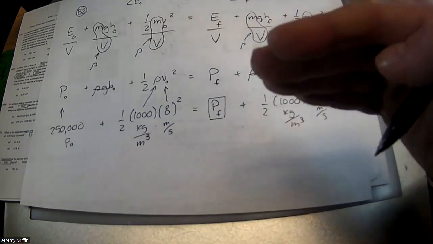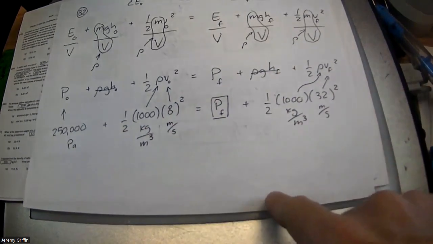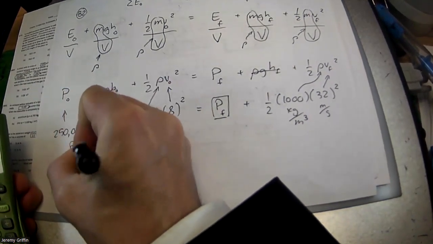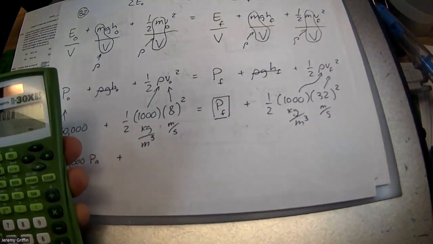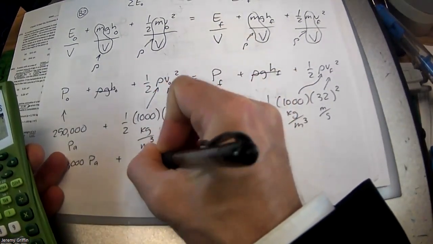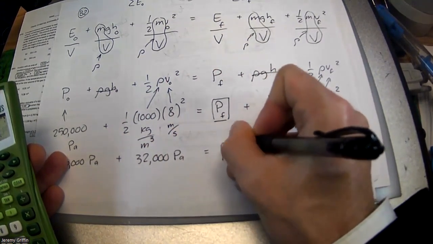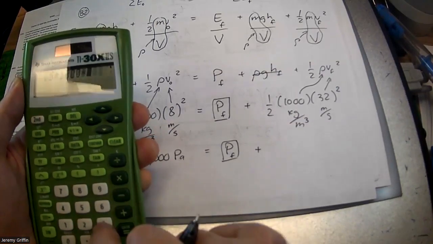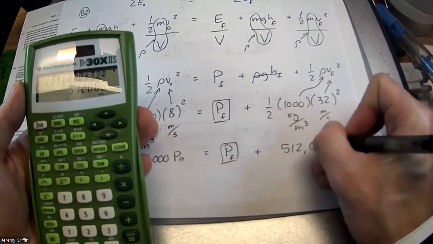We have 2 more lines here. We'll have a bunch of pascal numbers, and then we'll go in for the final answer. Right, so 258,000 pascals plus that is 1/2 times 1,000 times 8 squared, 32,000 pascals, is equal to final internal pressure plus 512,000 pascals.